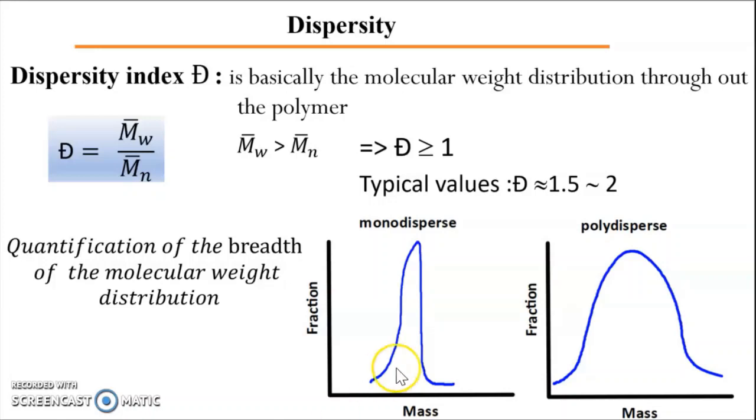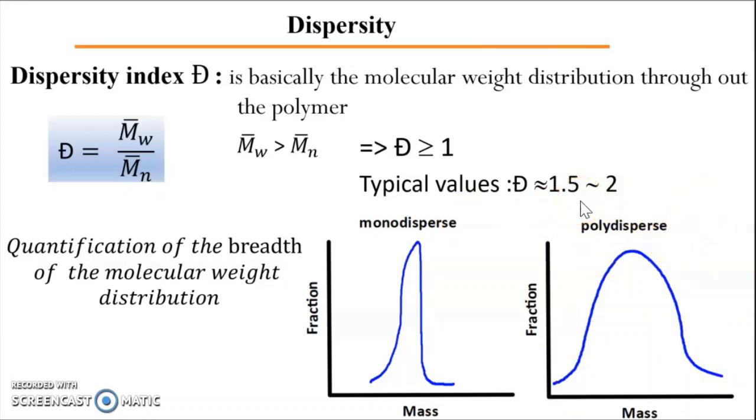According to the broadness of the peak of the variation of the fractions as a function of mass in a polymer sample, we can quantify the dispersity in the system. So we can say here that if it's a sharp peak, we have an almost monodisperse system, and if it's broad, we have a polydisperse system.